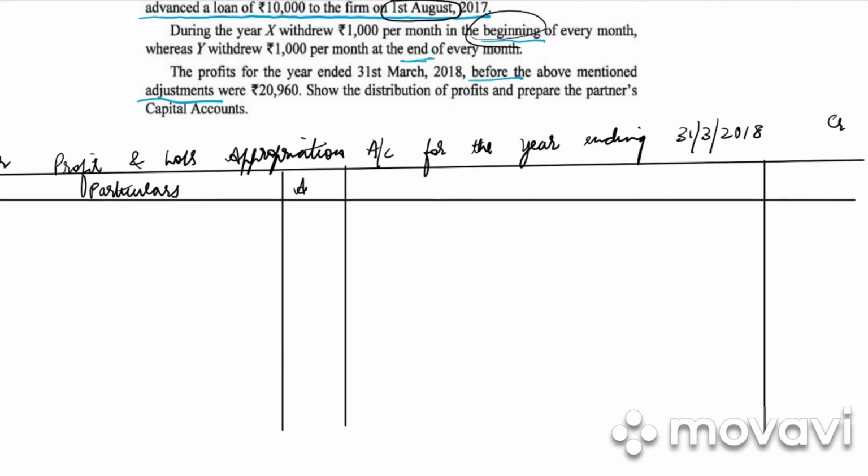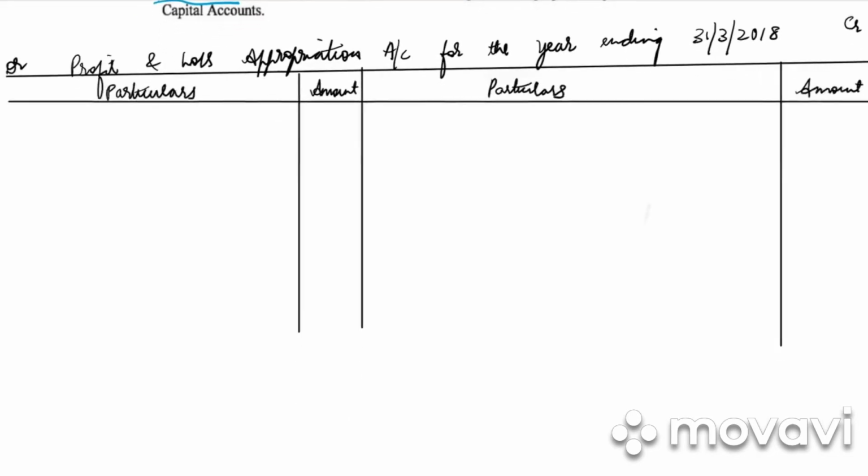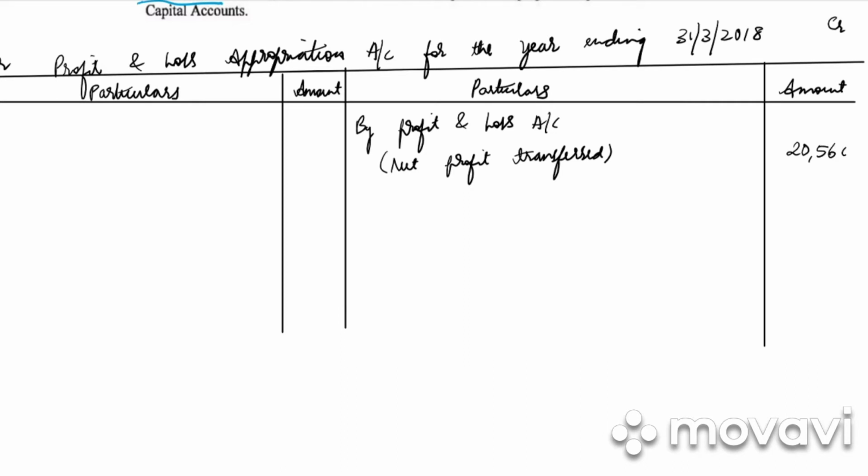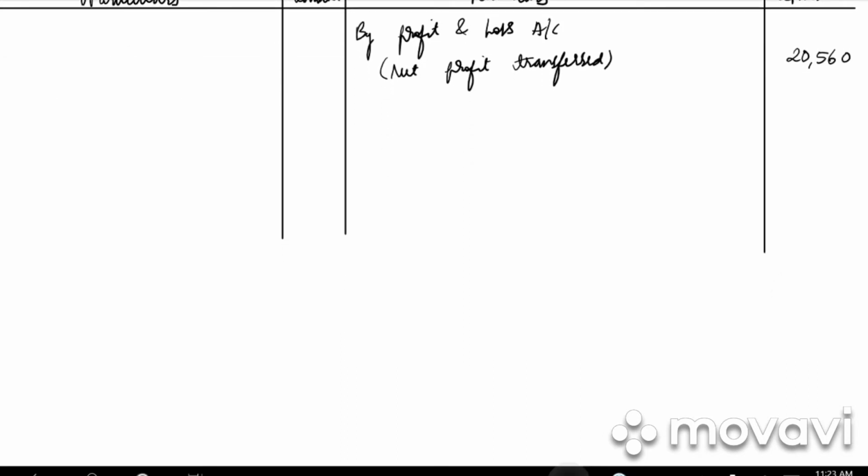Particulars, amount, particulars, amount. So what is the first step? The first thing in the profit and loss appropriation account is to bring down the profit and loss account balance. In brackets, net profit transferred. How much is it? We have calculated it at the beginning, 20,560.